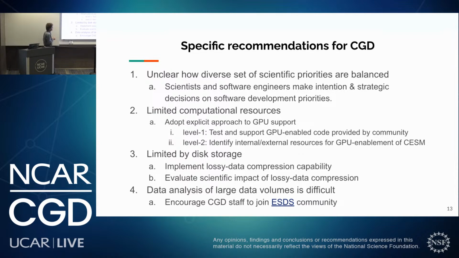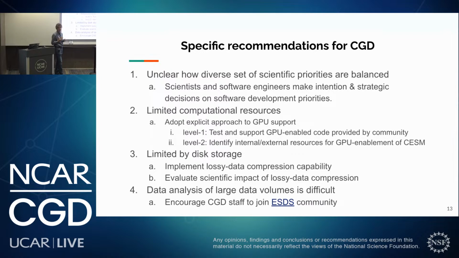For limited computational resources, we're suggesting to adopt an explicit approach to GPU support. Right now, it's kind of unclear. I think there's a couple of different options here. A level 1 would be to test and support GPU-enabled code provided by the community. As of a couple months ago, this is still not occurring, unfortunately. And a level 2 is to identify internal and external resources for GPU enablement.